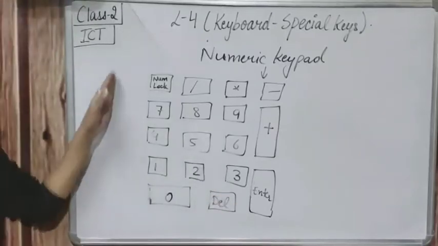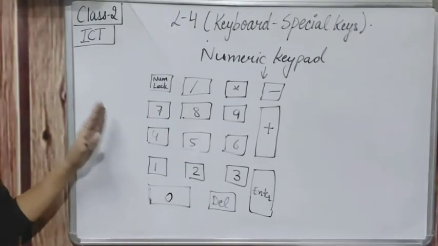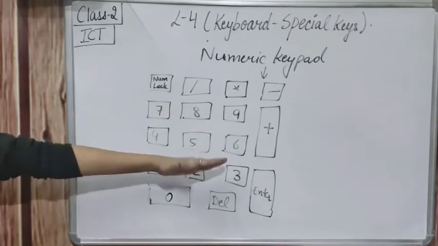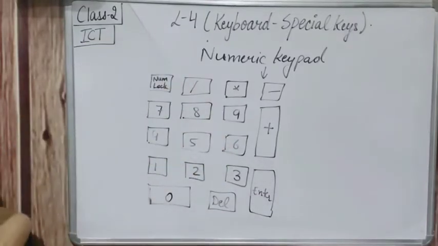So this is the numeric keypad. The number keys are also present on the right side of the keyboard. This is called numeric keypad.